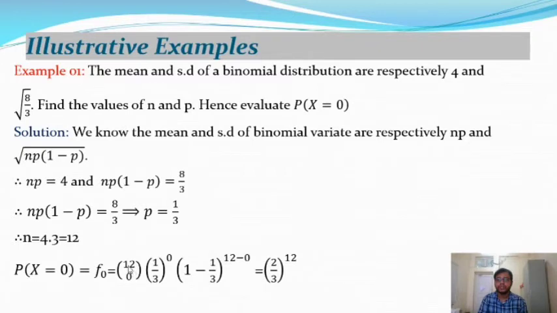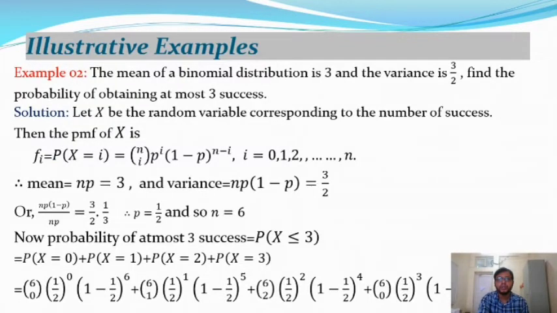Now 12C0 is equal to 1, 1/3 whole to the power 0 is equal to 1, and 1 minus 1/3 is 2 by 3, so 2 by 3 whole to the power 12. Therefore the probability of x equal to 0 is 2 by 3 whole to the power 12. After that we will talk about some more examples on the binomial distributions.